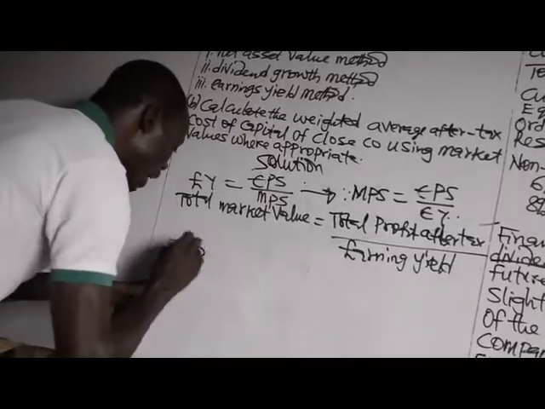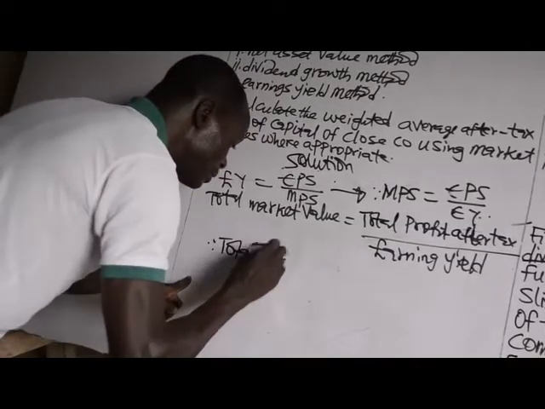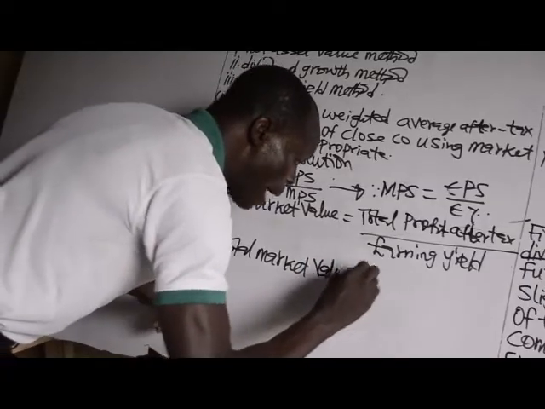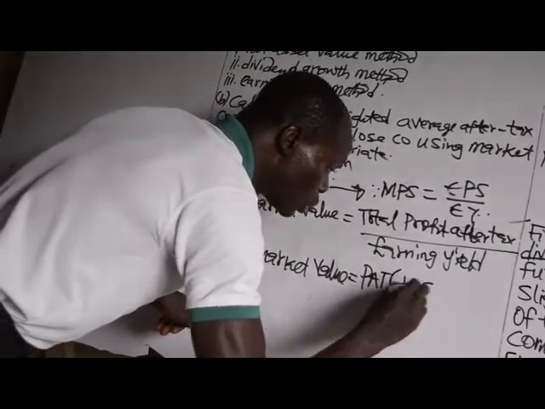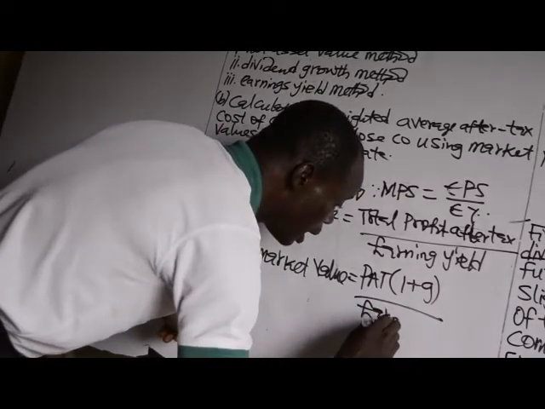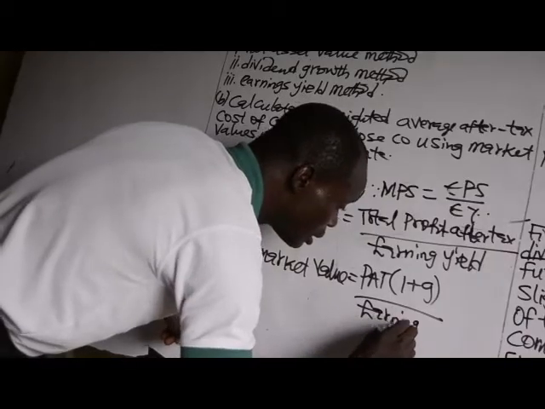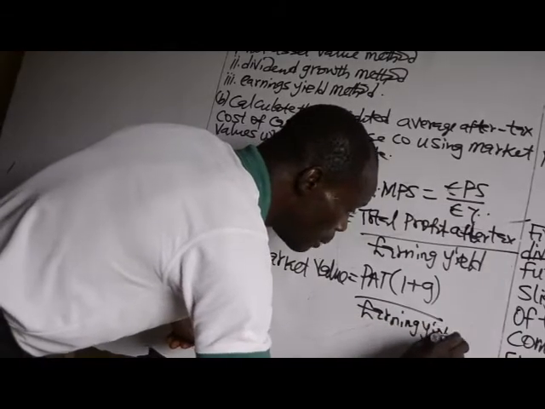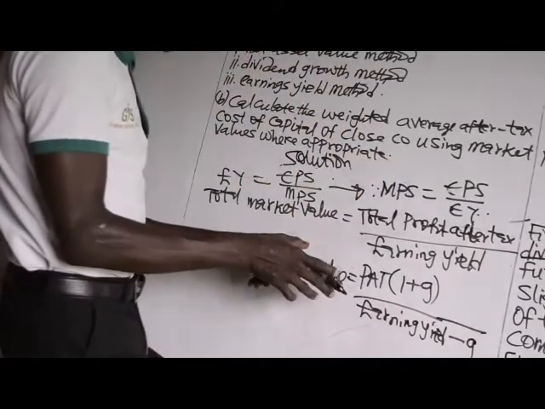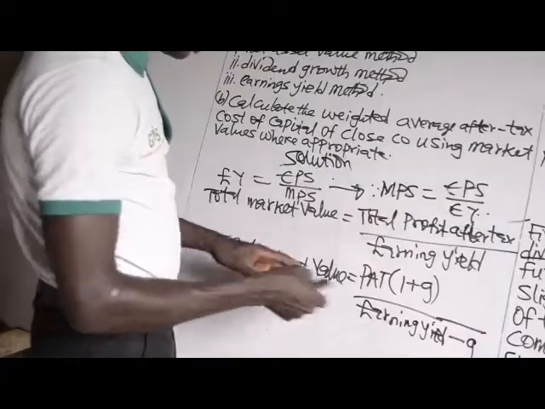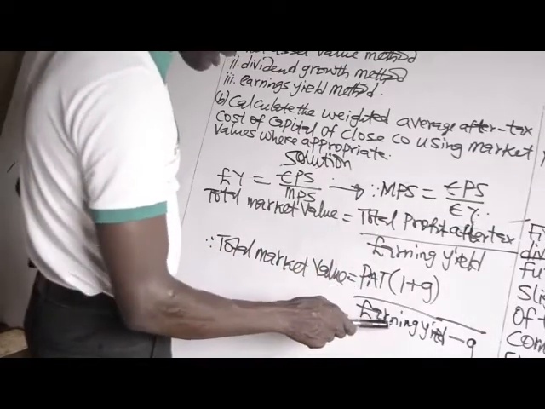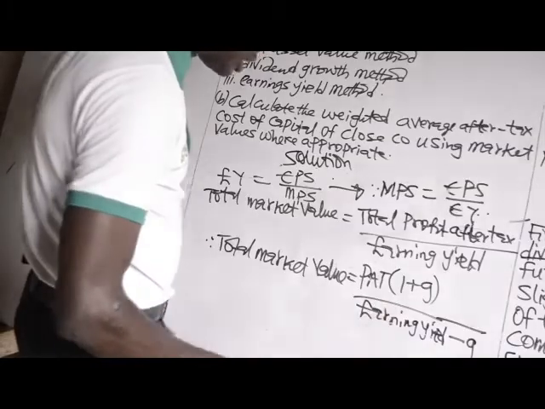Therefore, total market value, since there is growth in PAT, will be PAT into 1 plus growth rate over earning yield minus growth. Just like the formula we use for Roman figure 2, only that our cost of equity becomes the earning yield. So the formula is still the same.